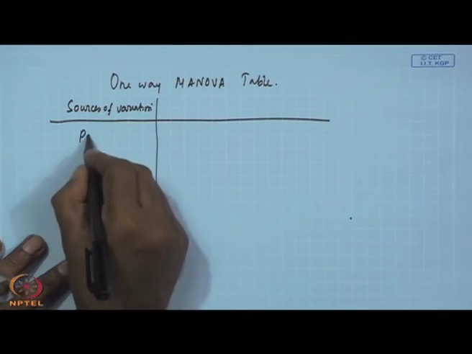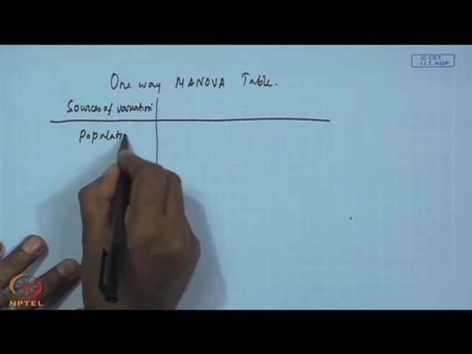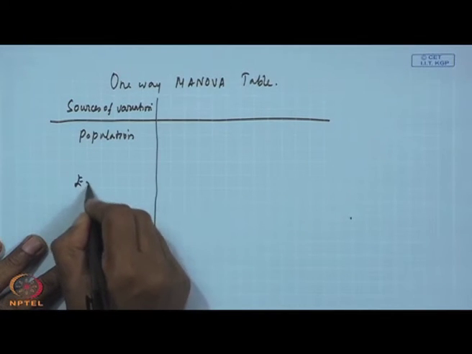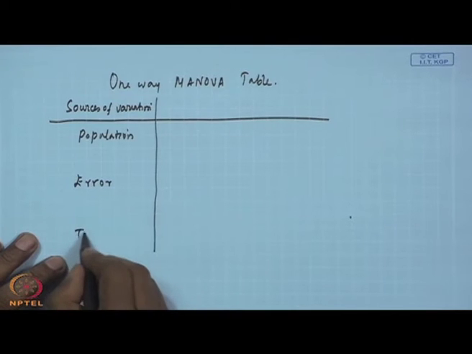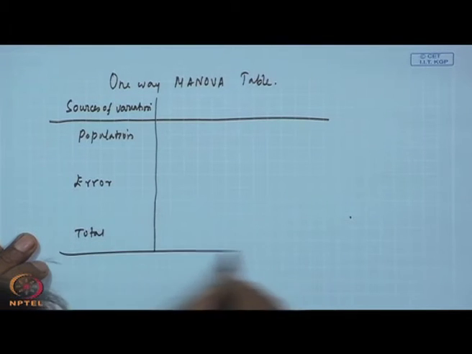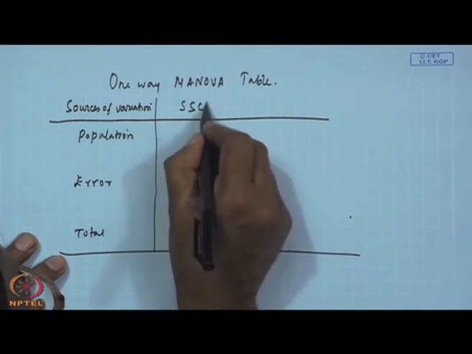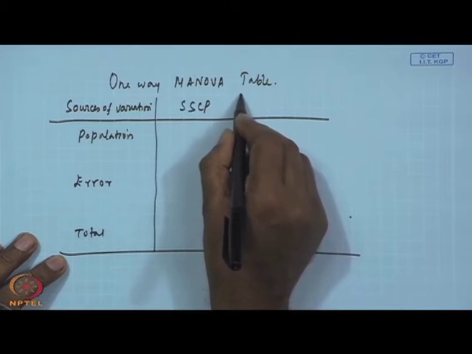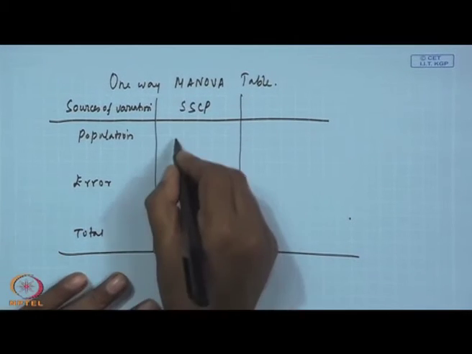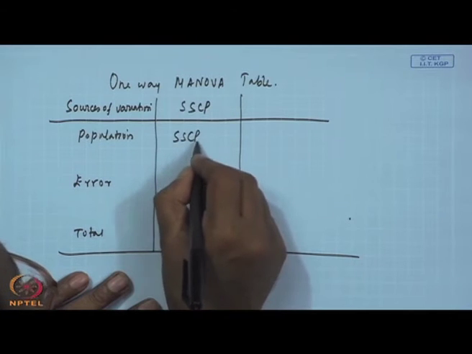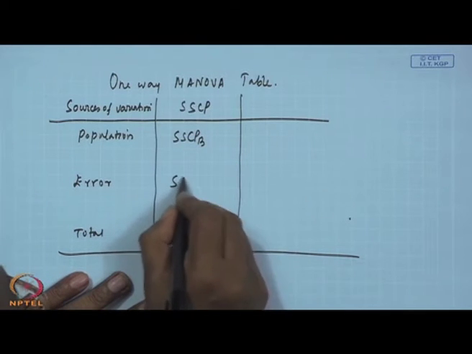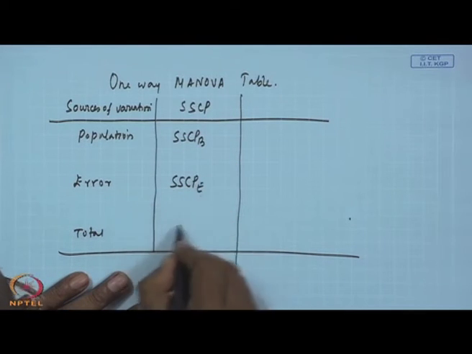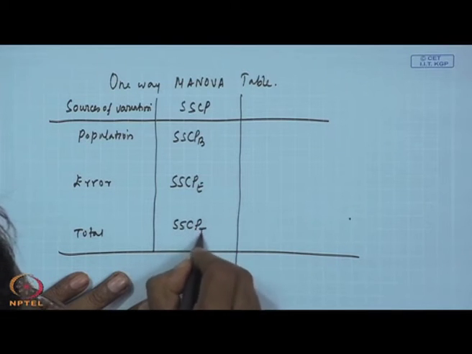So, definitely your population is one source, then error is another one, then total is coming. Then you are writing the SSCP matrix. So, our case is SSCP between, SSCP error and SSCP total.